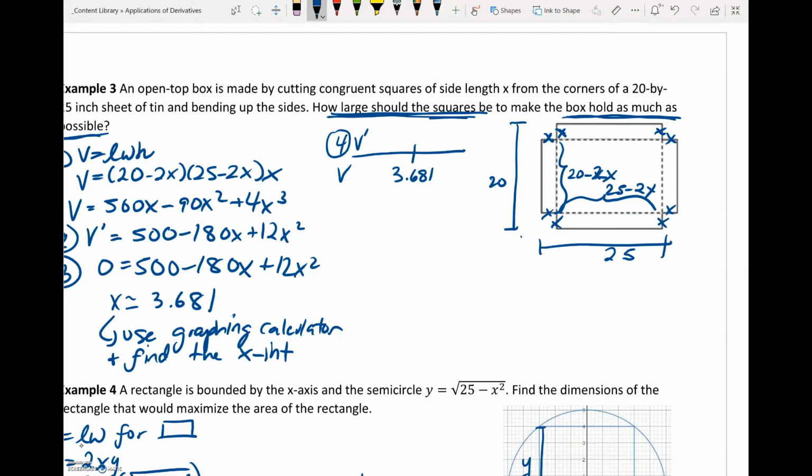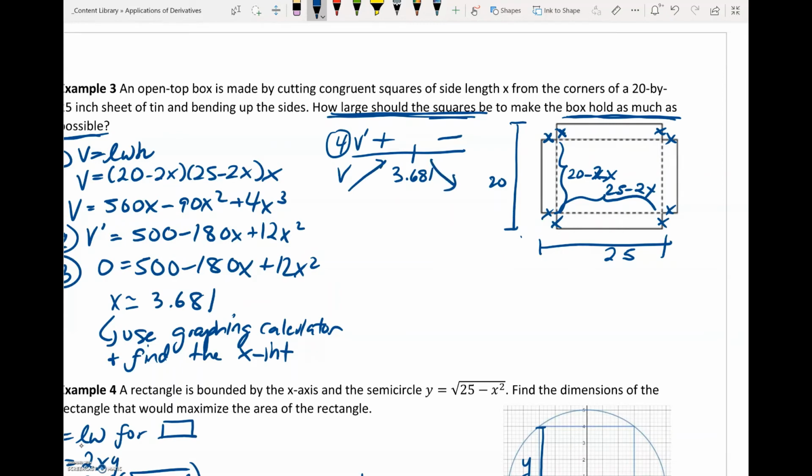So if we plug in a value, let's say 1, which is the left side of 3.681, into v prime, that's 500 minus 180 plus 12. This is a positive number. Now if you throw in a really large number, let's say 100, into v prime, we're definitely going to get a negative number here. So we can confirm that our volume is increasing and then decreasing.